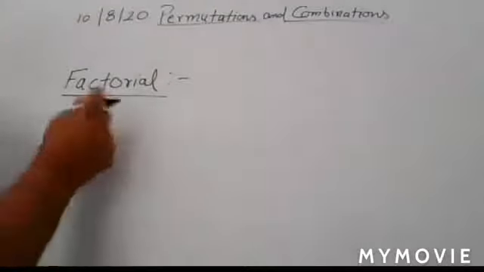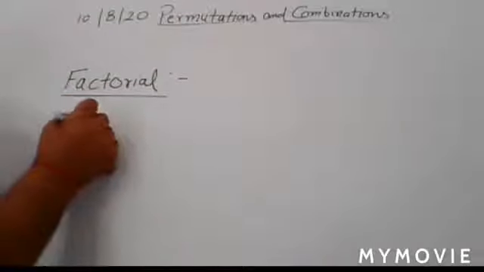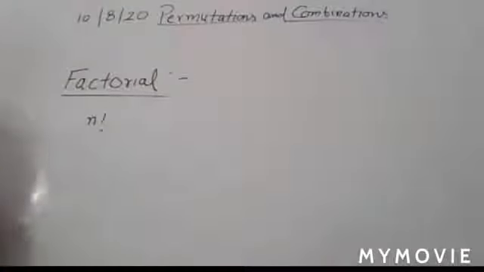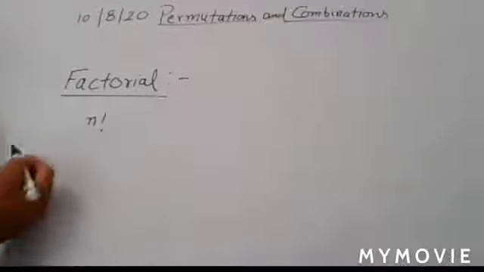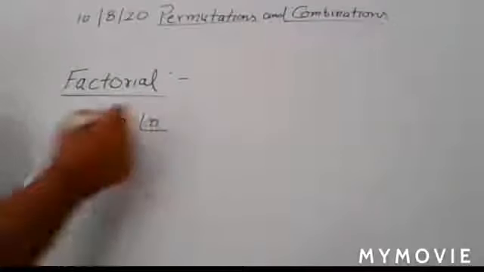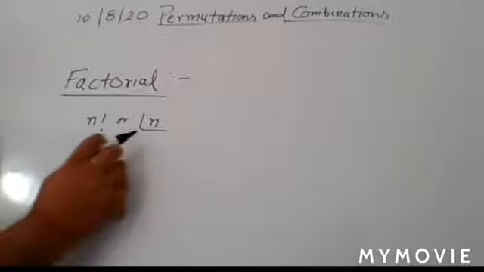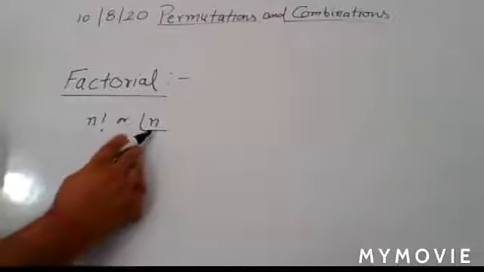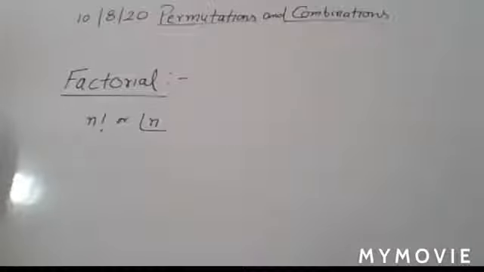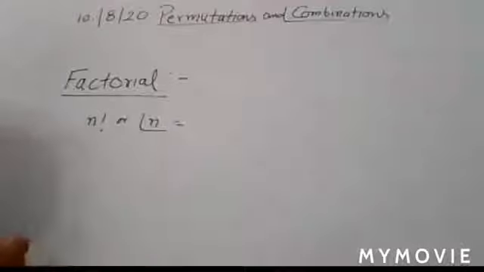So here you write n factorial, which can be represented in this way, and is said as factorial n. Either you write it in this way or sometimes in this way; all of these are symbols of factorial. As per the definition, factorial n is the continued product of first n natural numbers.